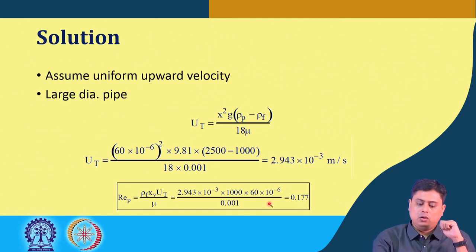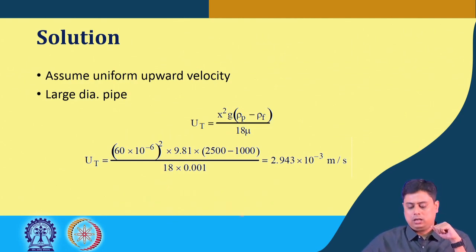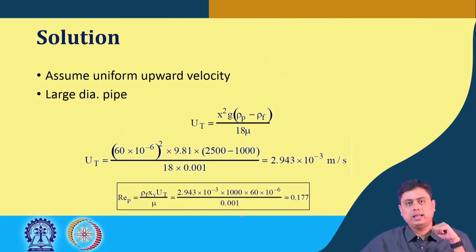Fine. So, this would be the last stage, that you have to justify your assumption of applying Stokes law here by recalculating the Reynolds number and showing that it is indeed in the range of application of Stokes law.